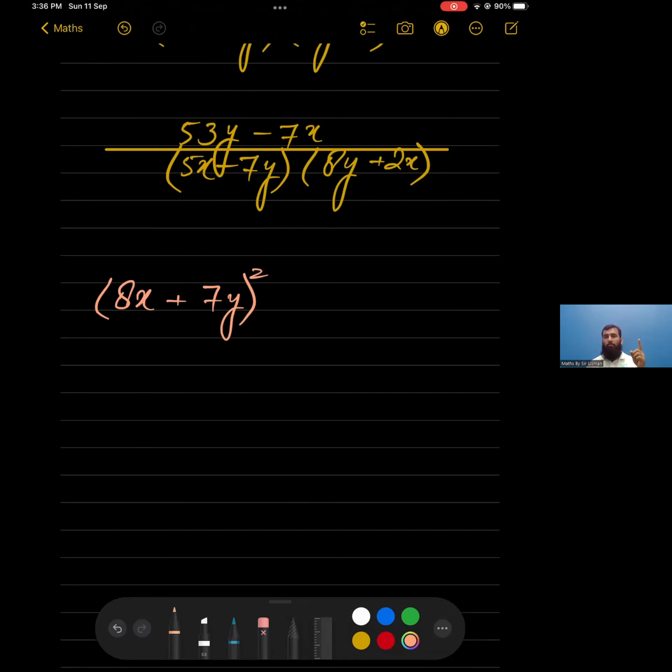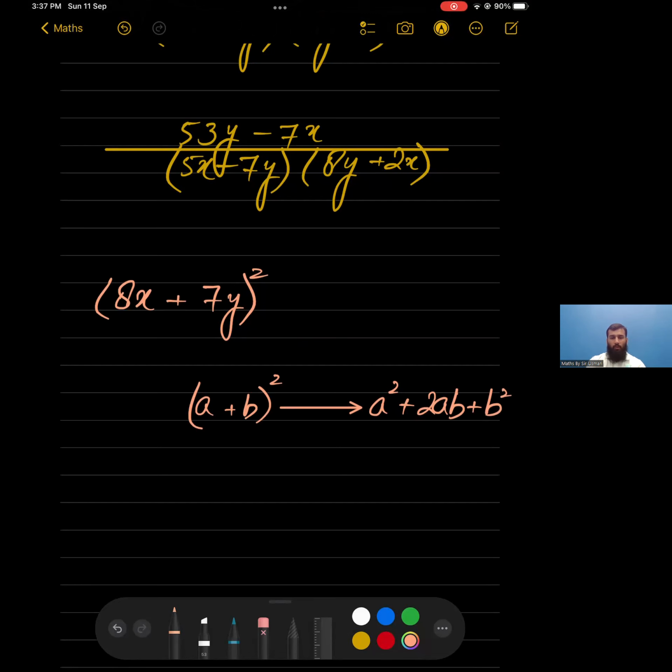So if you remember the first identity, can any one of you tell me what was the first identity? A plus b whole square would open up to become, yes, it's a square plus 2ab plus b square, right?